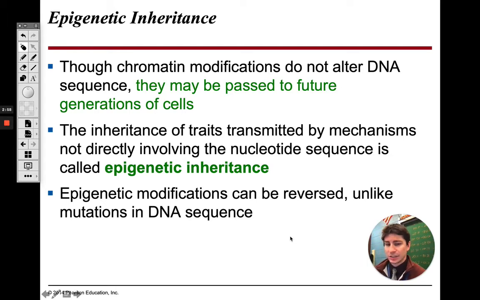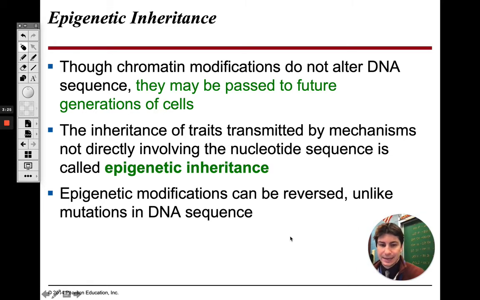Examples of this are genomic imprinting, a reversible form of gene inactivation that's not really a mutation. DNA methylation is another example of epigenetic inheritance, just what we went over. And acetylation is also epigenetic. All right, so it's above regular genetics.